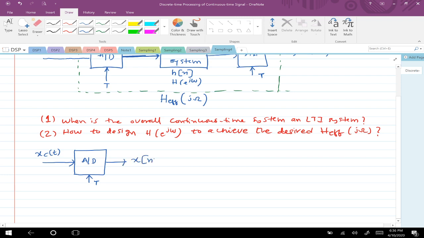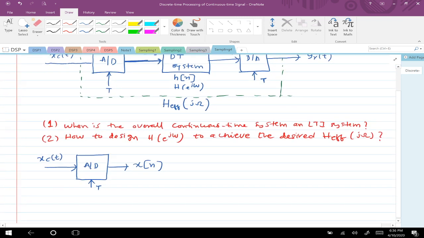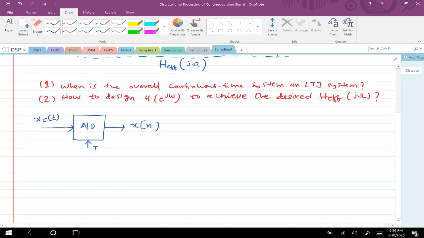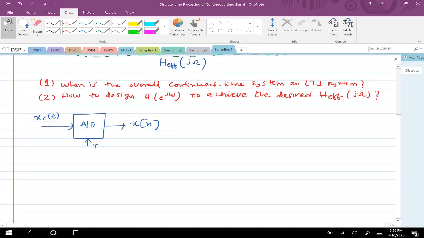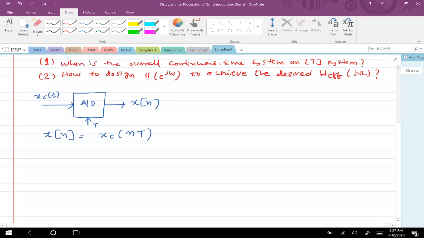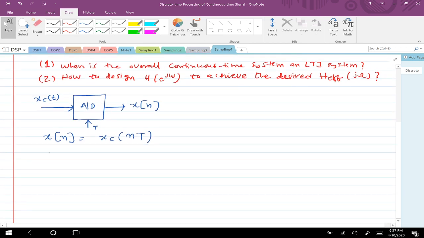Let's first write the time domain as well as the frequency domain relationships between these two. What can we say about x of n in terms of xc of t? That's nothing but xc of nT. This is something we worked with in the first lecture.